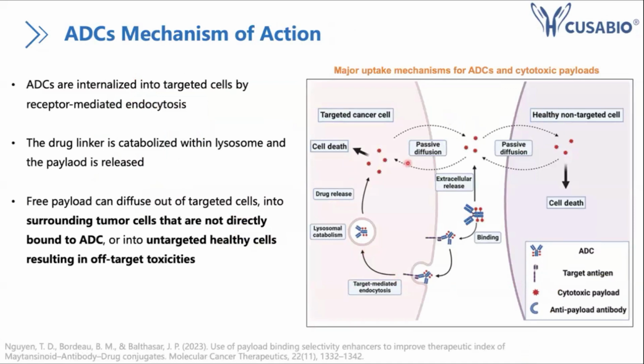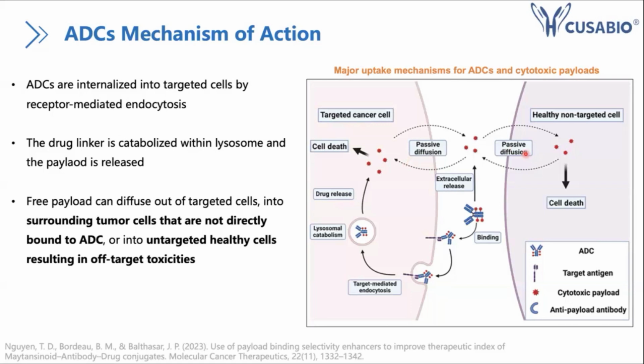There are some possibilities that can happen. The free payload can diffuse out of the target cells. One possibility is that it goes into the surrounding tumor cells that are not directly bound to the ADC, causing those surrounding tumor cells to die. Another possibility is that the free payload will get into healthy cells, resulting in off-target toxicities.